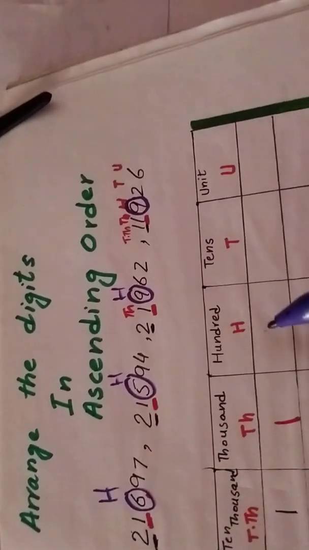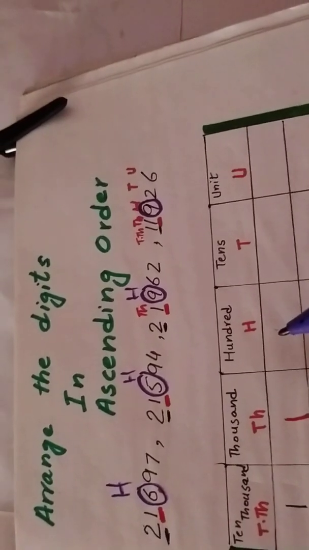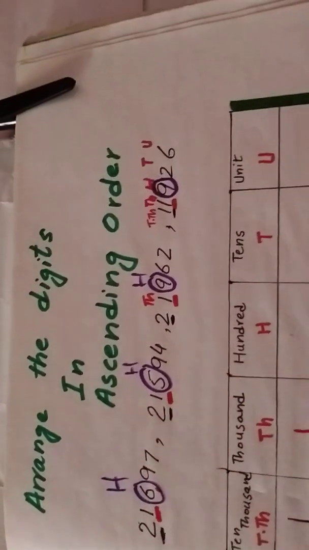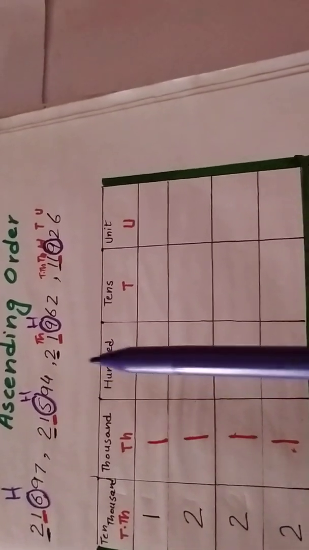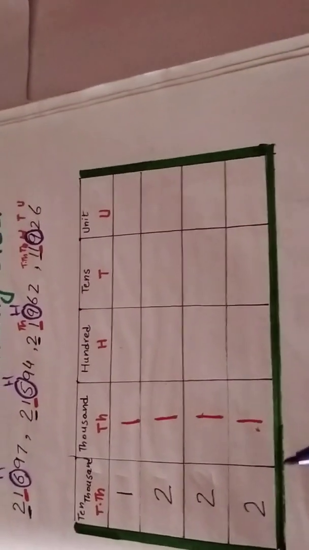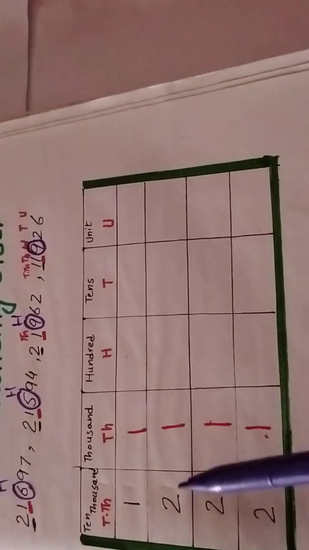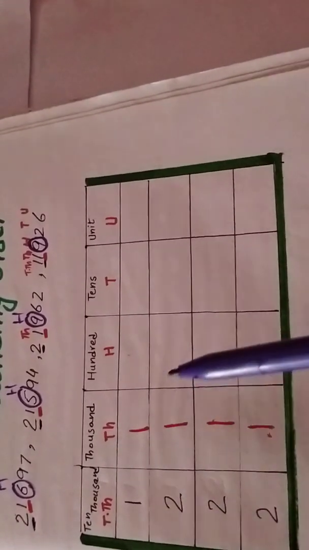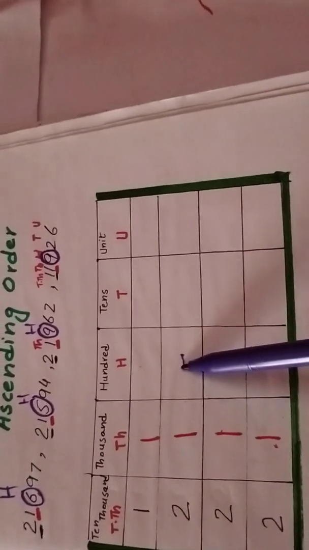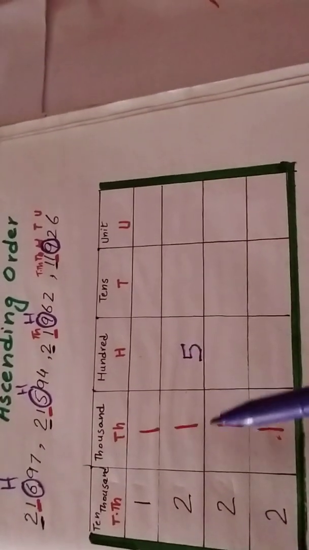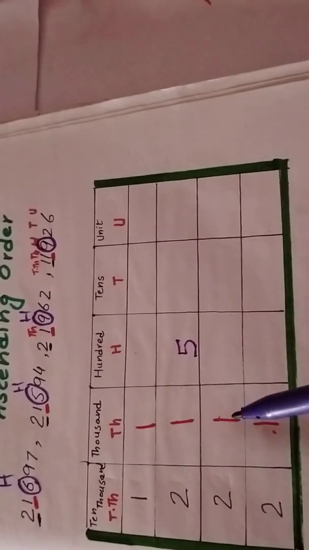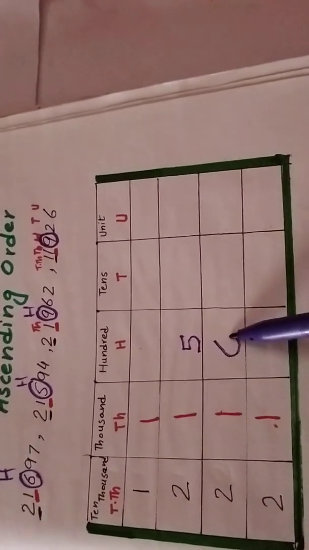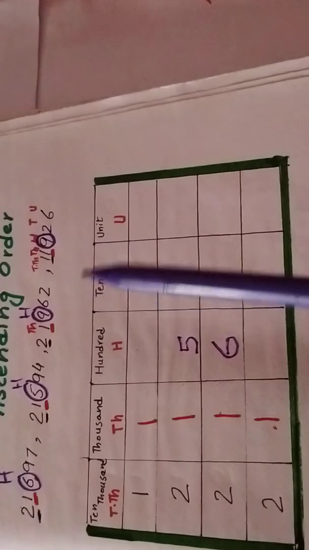In 100 place, we write 5 with their related family. 5 is the smallest, and the biggest is 6, and then the 9.